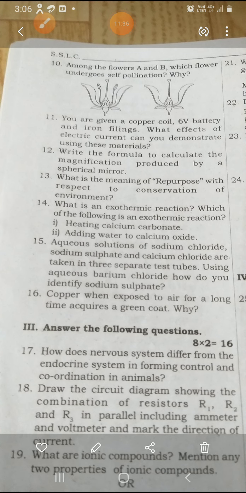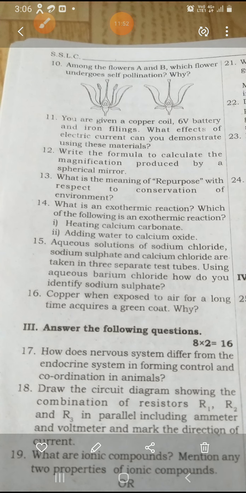Next, 16th question. Copper, when exposed to the air for a long time, acquires a green coat. Why? This is also a question from the chapter on metals.